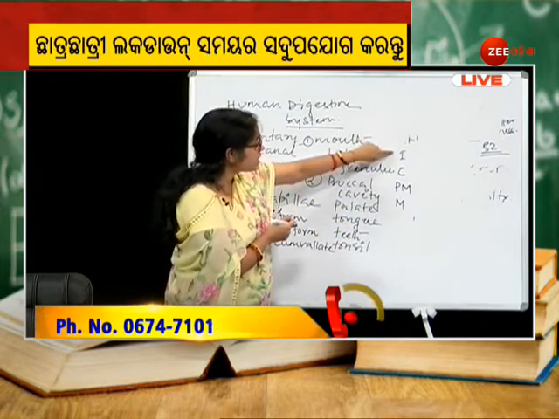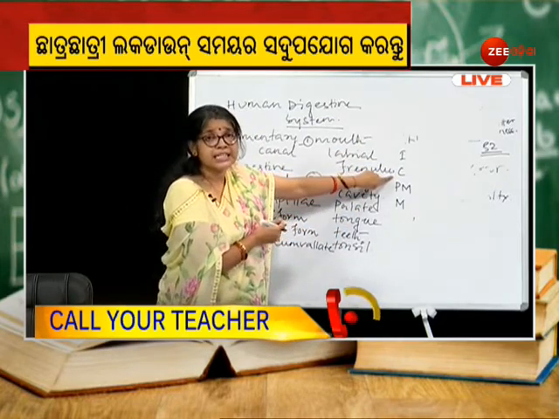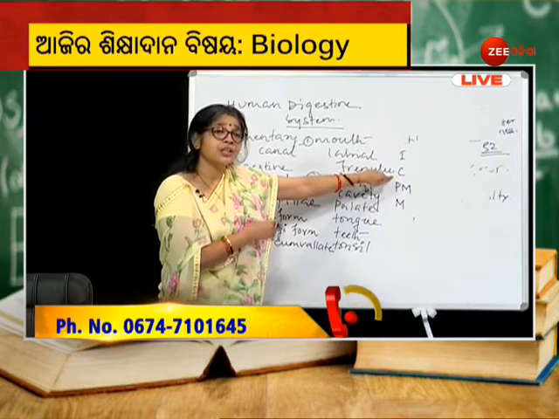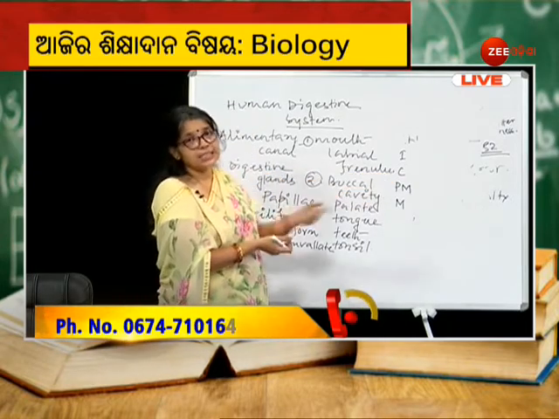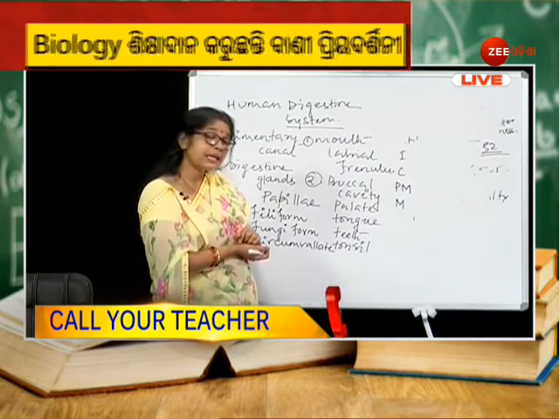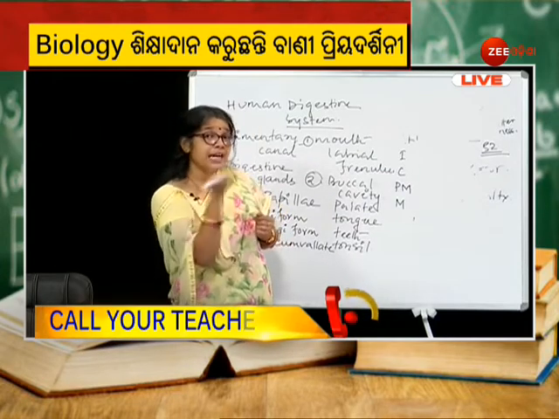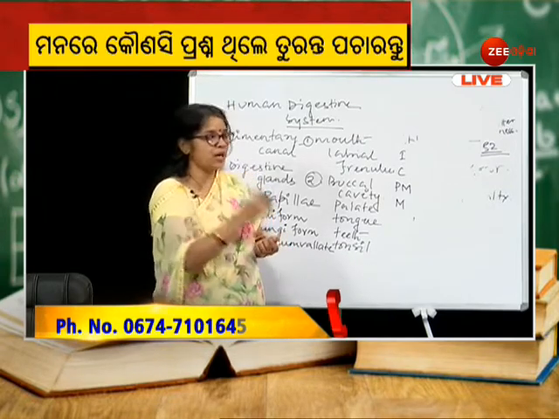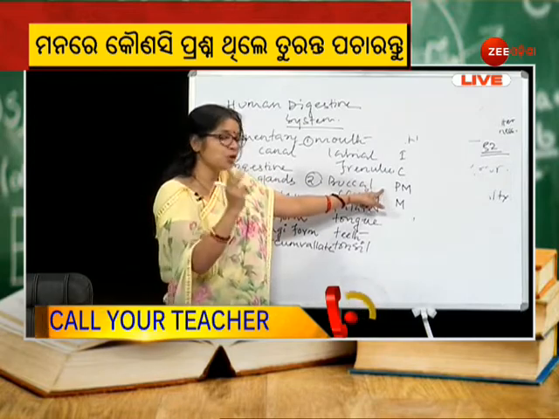In case of incisor and canine, there is a single root. But if we consider the first upper premolar, there are 2 roots.